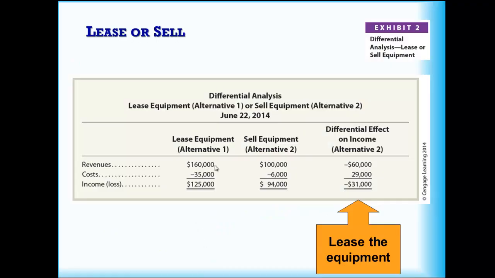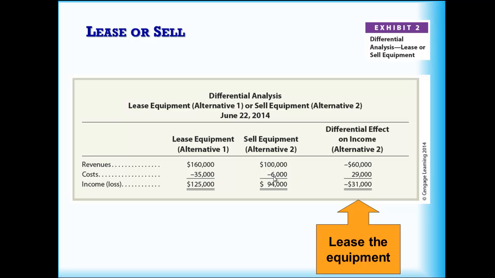So if we were to lease this out, we have $160,000 of revenue that can be expected. $35,000 of property taxes and other expenses were given to us in this example. So we have $125,000 of income. That is in comparison here with the $100,000 if we sell it minus the $6,000 of commission.